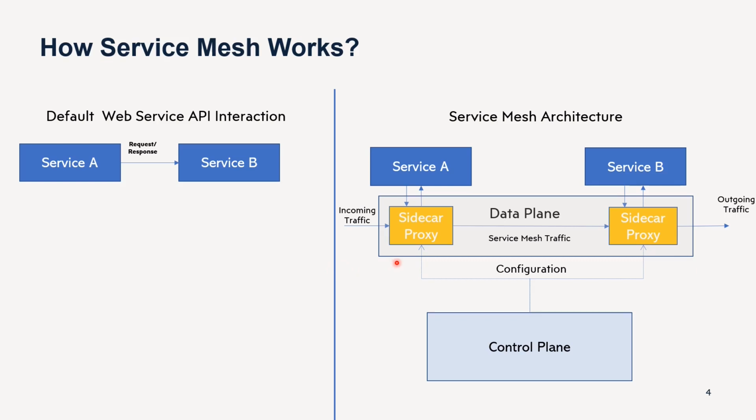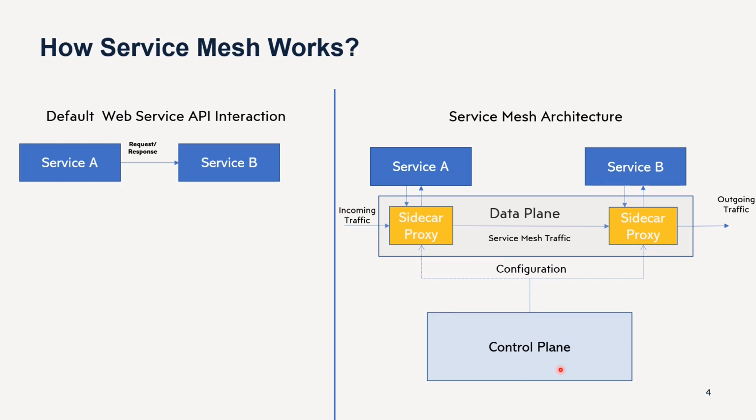So in this architecture, every service will have an attached sidecar proxy, and this is called the data plane, right? All data, like incoming traffic, goes through this sidecar proxy, and they take care of all the aspects. And this whole data plane is controlled from the control plane. Basically, it generates the sidecar proxies with some policies.